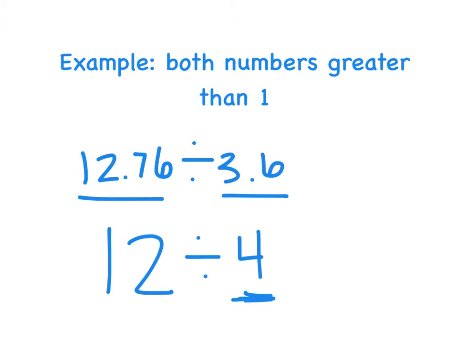The reason I started with this second number here is if I started with the first number and maybe chose 10, then it might not be divisible by my other number. If I had chosen 10 and then 4, well, 10 can't be divided evenly by 4. So that's why we start with our second number in order to estimate, and then I'm simply solving 12 divided by 4, which we know is 3. So pick numbers that are close to your original numbers, but that are easy enough for you to do in your head.